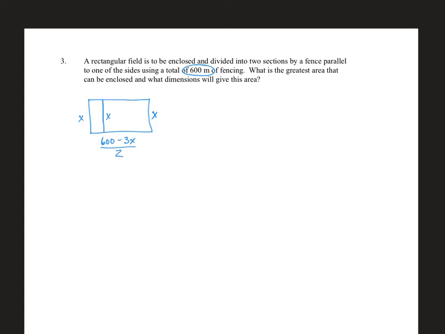Now, if that seemed a little unclear, then you could always have done this. We could have used 2 variables in this case. And we could have then said that what we have in this scenario is going to be 3x's plus 2y's that give you a total of 600 meters of fencing.